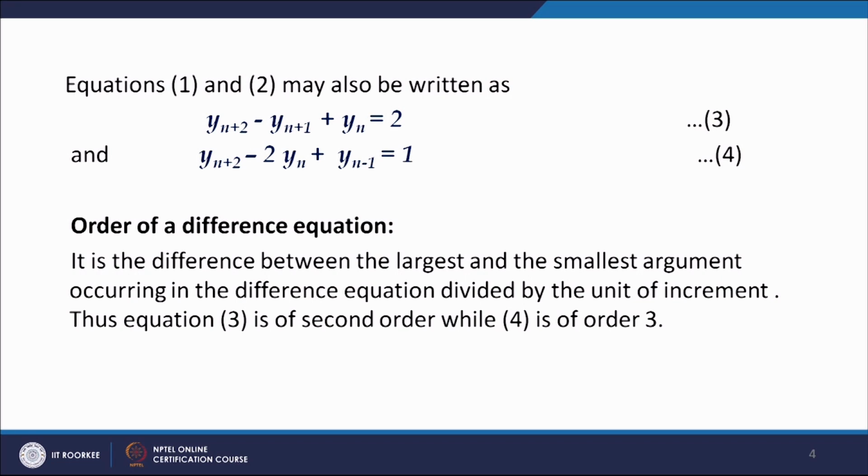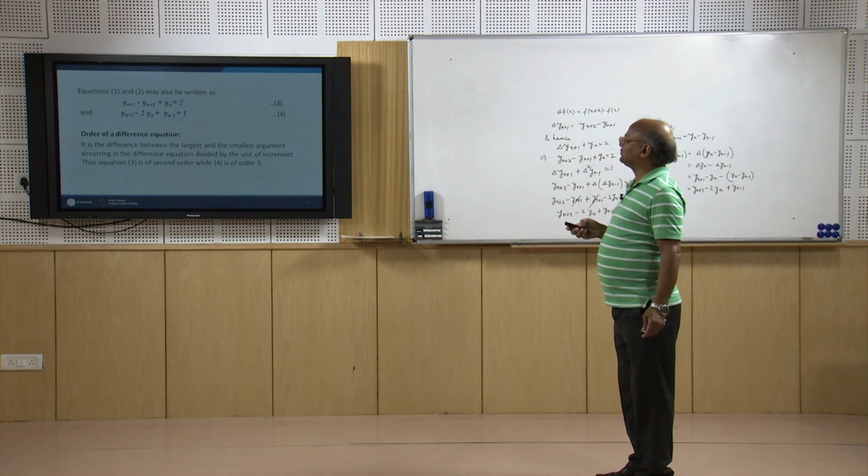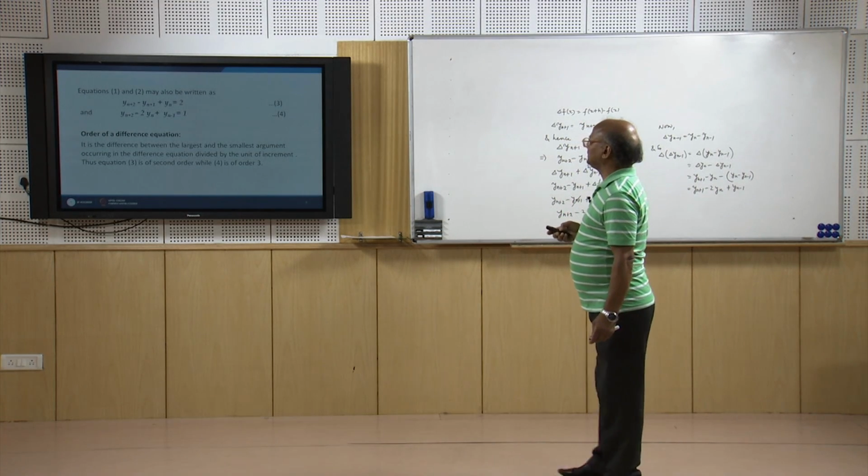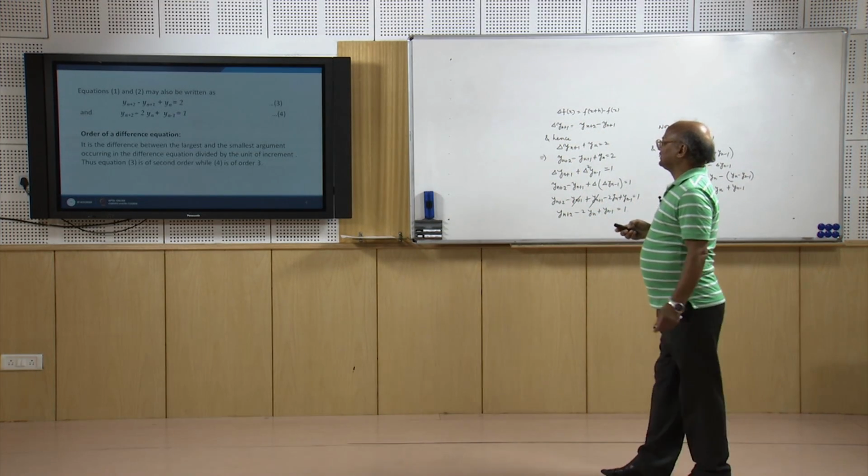The order of a difference equation is defined as the difference between the largest and the smallest argument occurring in the difference equation, divided by the unit of increment.